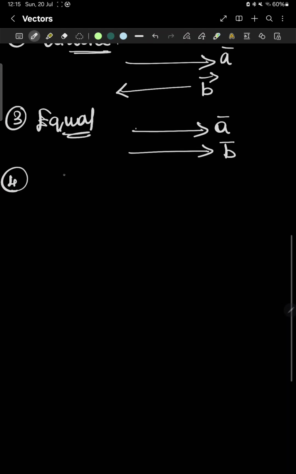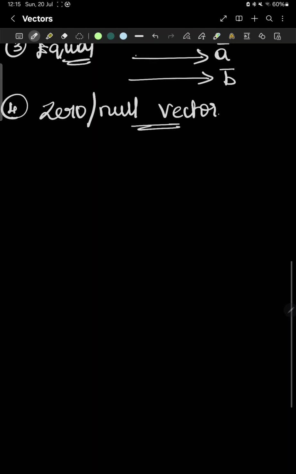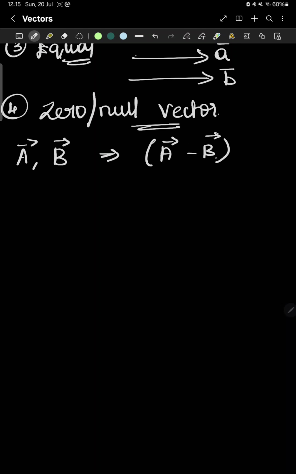The fourth one is the zero or null vector. There is no vector which is inherently zero or null; it depends upon the arithmetic operations. For example, let us consider two vectors, a vector and b vector. If I perform a vector minus b vector, and the magnitudes of the two vectors are the same, I will get the value 0.